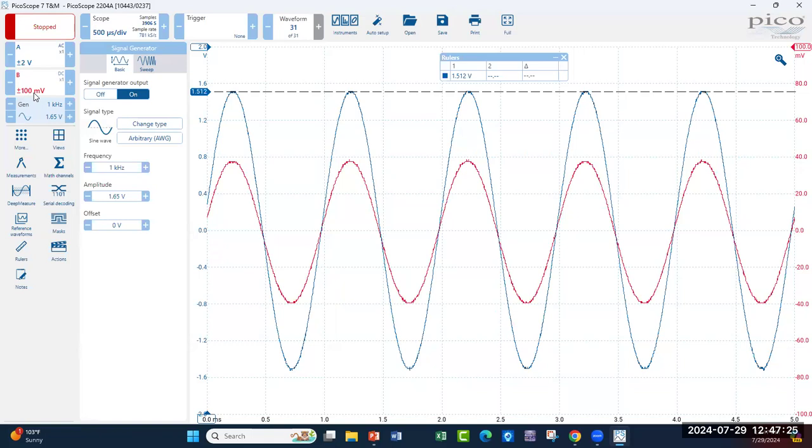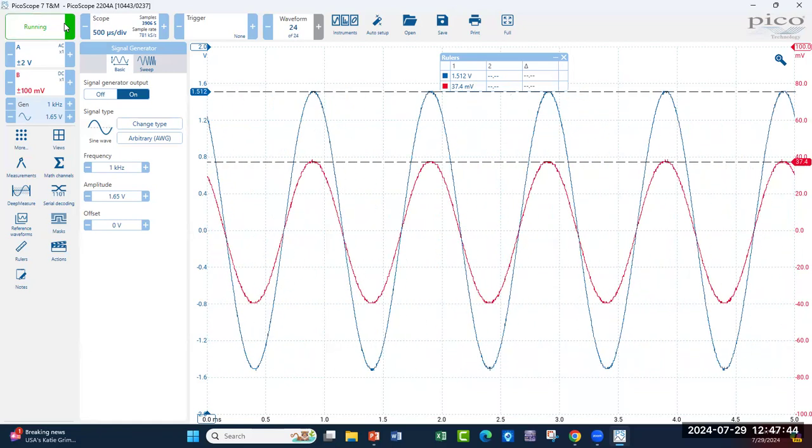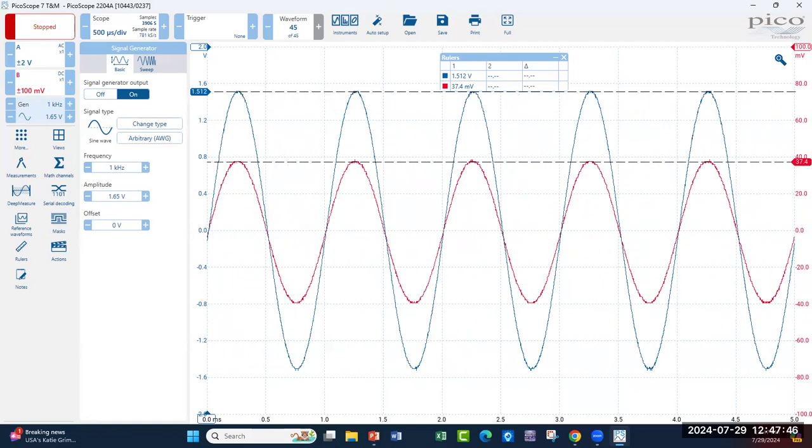And so, at 100 millivolts per division, let's take a look and see where this guy is at. So I'm going to grab this cursor, bring it down, and we are at, let's go ahead, run, stop, and check.